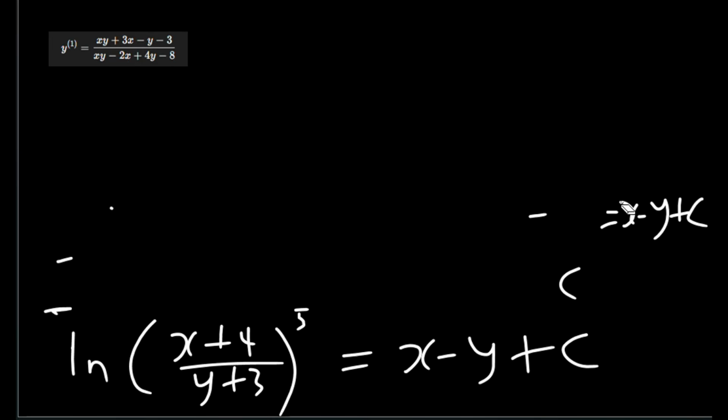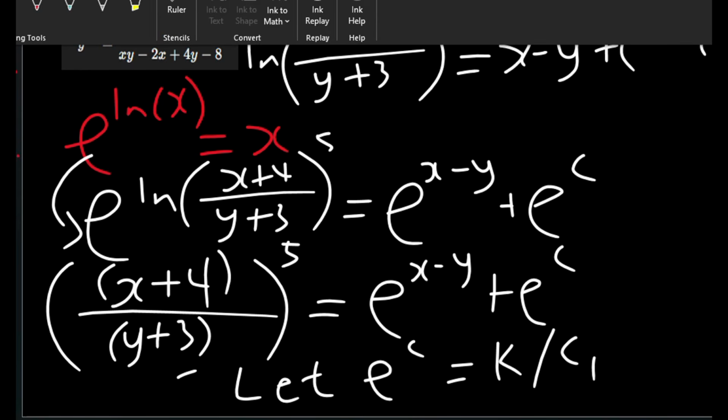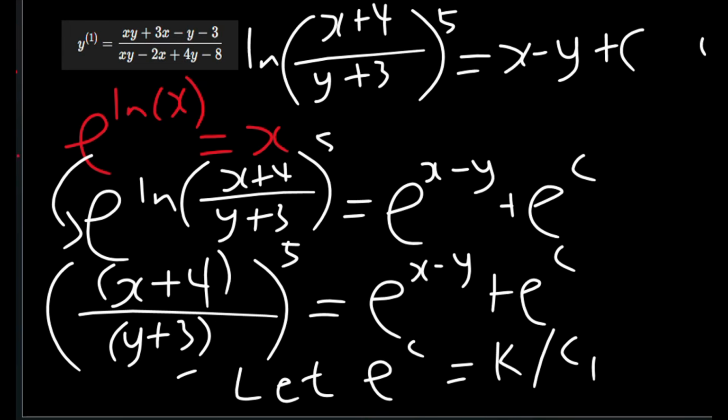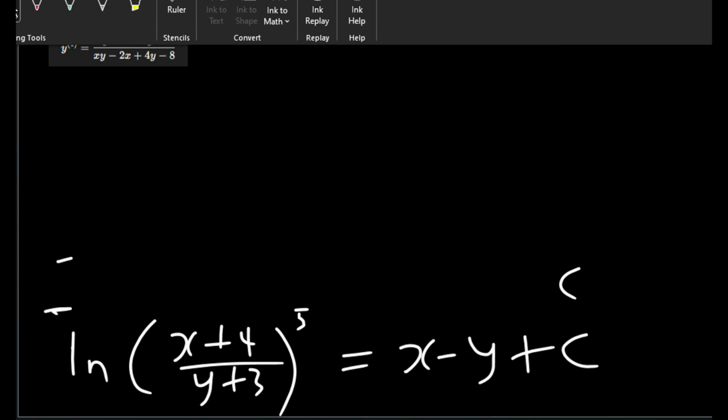Okay, so I think we are very close to our general solution or our final answer. Very close. Okay, so let's rewrite this here. Now we are saying that let e to the power c be equal to k, and if it's adding, you multiply. So let's apply that here.